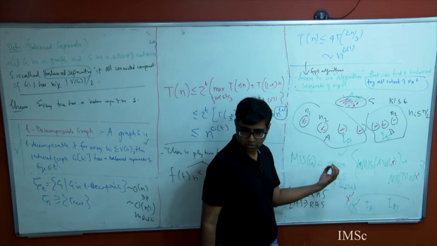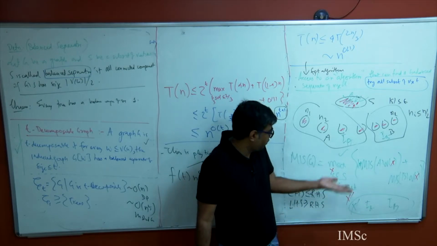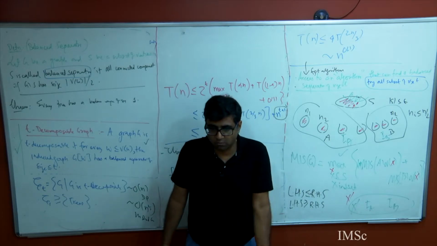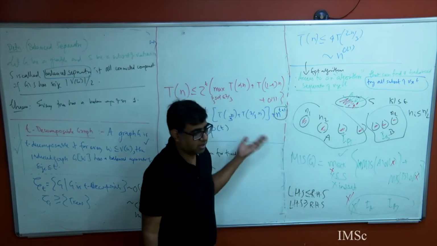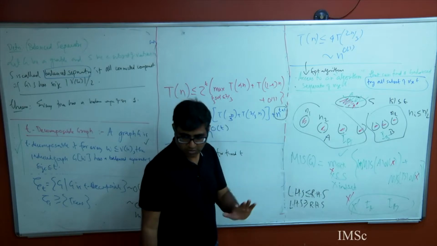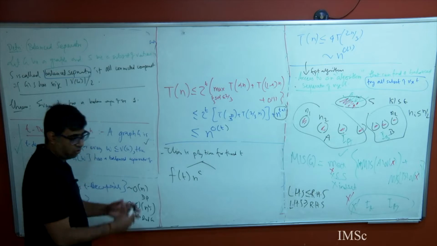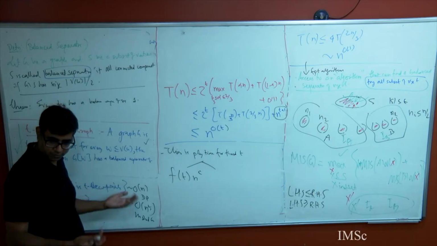You get my question? Look, when I gave you a tree, you know how to do DP from left to right, bottom to top, right? I just have a graph which is t-decomposable. That's all that is given to me. The question is, can I do DP by organizing my graph in some form or some way?